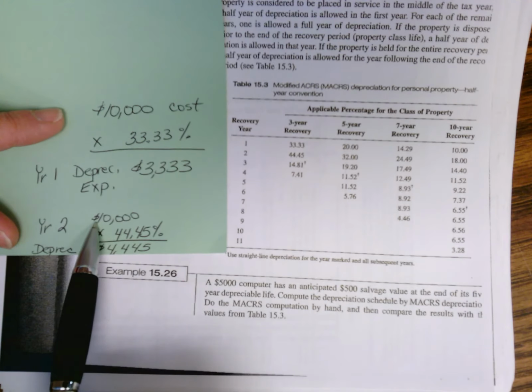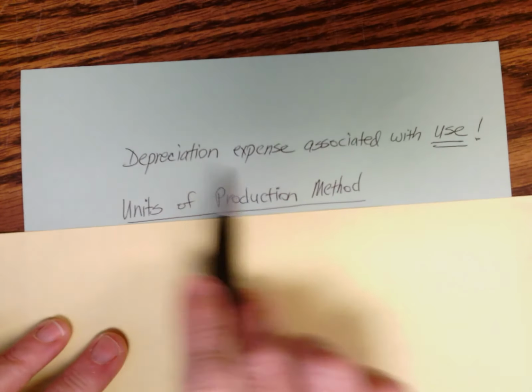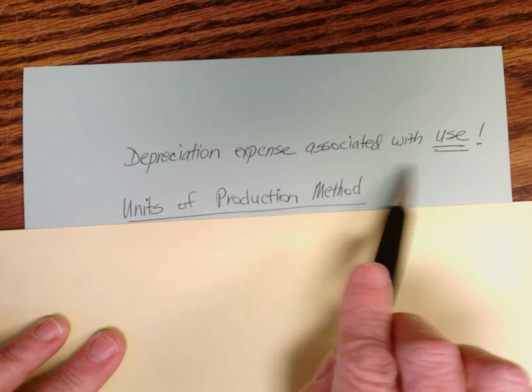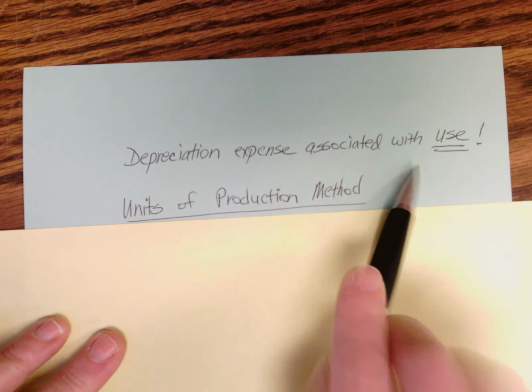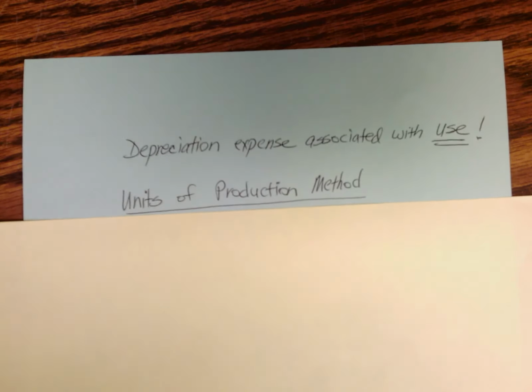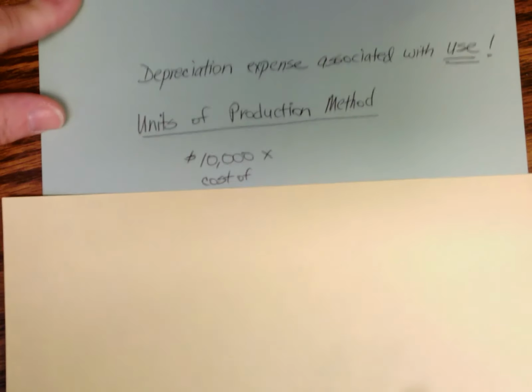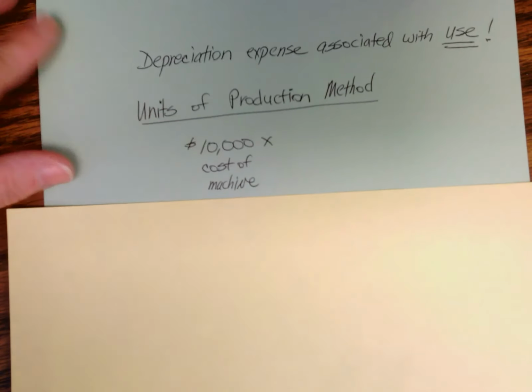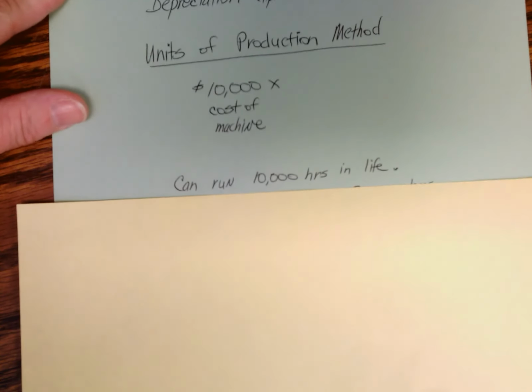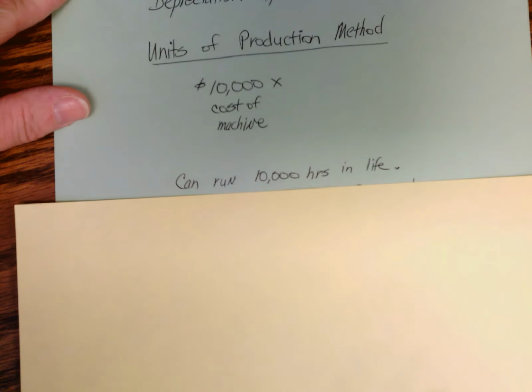Okay, there's one more type of depreciation expense that I want you to know, and that is called units of production. And that is where depreciation expense is calculated based on use. So as the machine is used up, it's depreciated. So for instance, again, $10,000 cost of the machine, and let's say the machine can run 10,000 hours in its life.